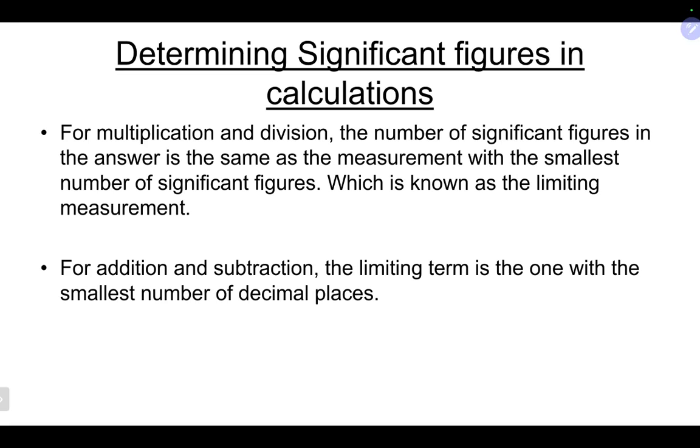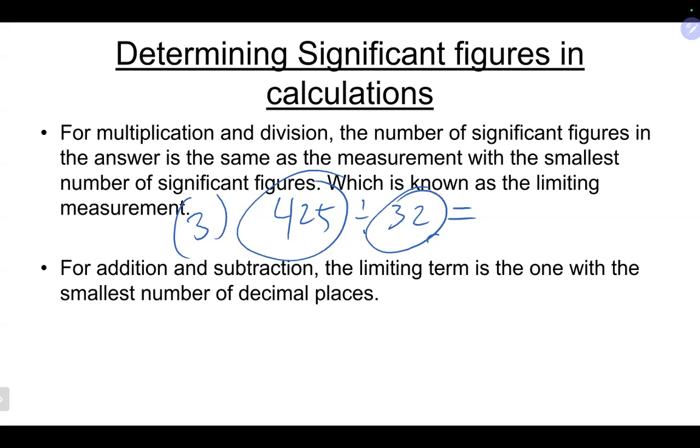So if you took 425 and divided it by 32, this one has 3 significant figures, and this one has 2 significant figures, which means my answer should end up with 2 significant figures. So multiplying, dividing, least number of significant figures is what you should look at.